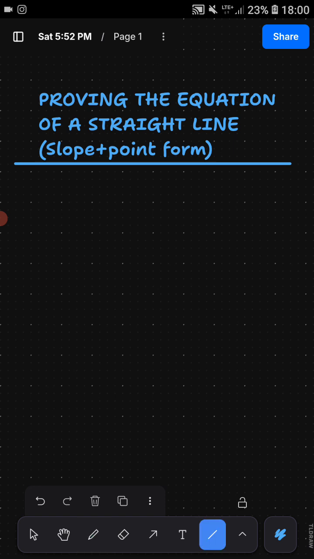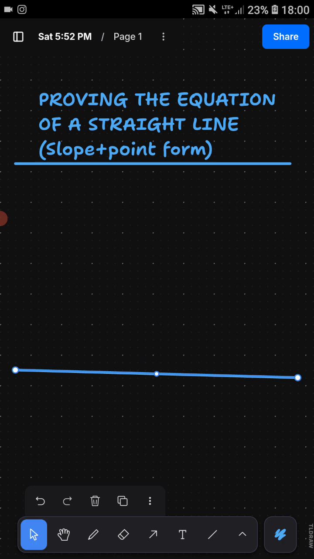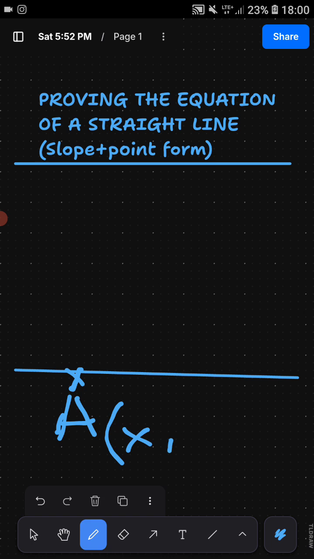So let's consider a line segment with an arbitrary point A. Let's call the point A right here, and we can call this point x1, y1.